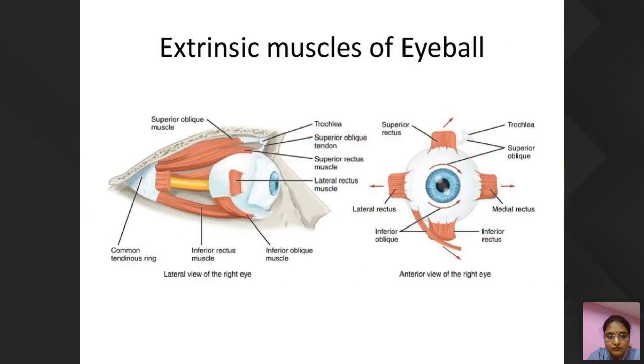It comes after the contraction and tension created by the ciliary muscle. This tension is transferred to the superior oblique and inferior oblique muscles. So the tension or contraction sets in with near focus.